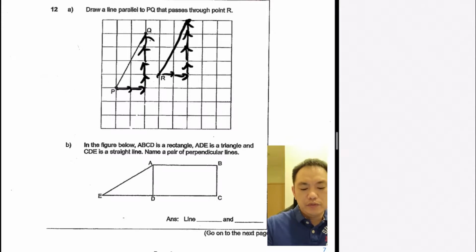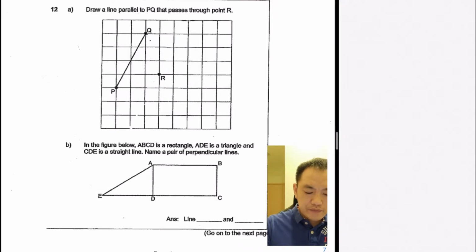Okay, so obviously you avoid the errors, but this will be how you draw the line which will be parallel to PQ. And then another way of doing that will be, again, you need to find another dot. So from P to R can be another way. From P to R, you need to go 1, 2, 3 blocks to the right, and then 1 block to the north, right?